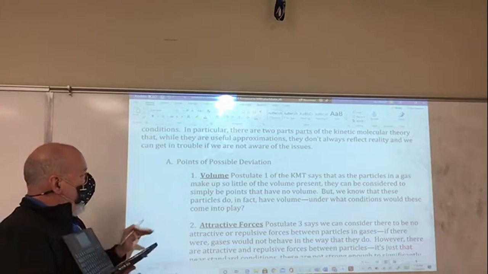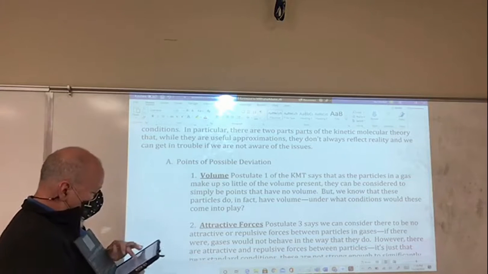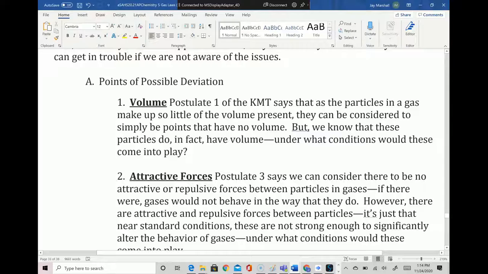Anyway, points of possible deviation. Postulate one of the kinetic molecular theory says that as the particles of gas make up so little of the volume present, they can be considered simply to be points that have no volume.